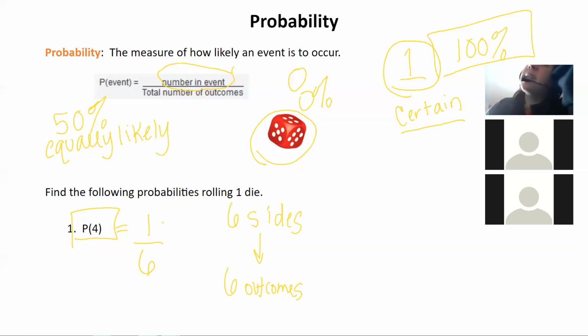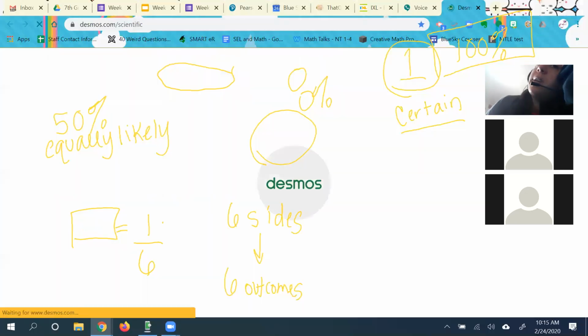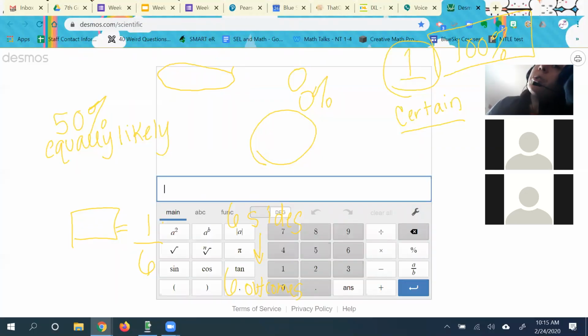We could go to the best calculator ever, right? And what would I have to do to turn 1 over 6 into a decimal? Decimal first, then a percentage. How do you take 1/6 and make it a decimal? What do I type in? It's good to review this because it's easy to forget.